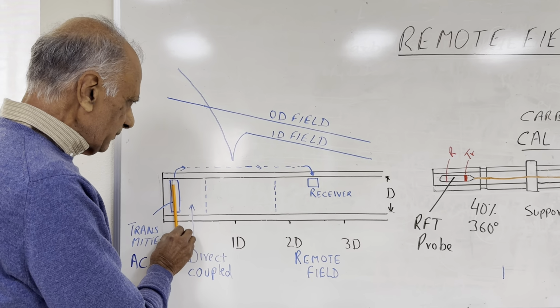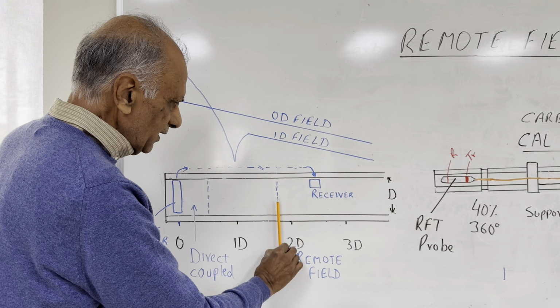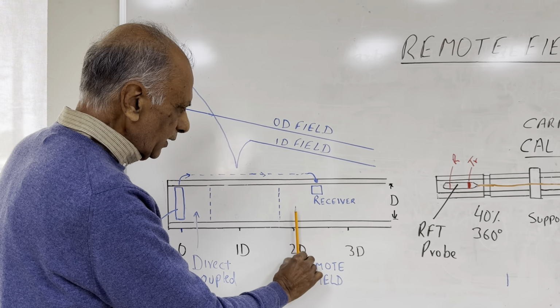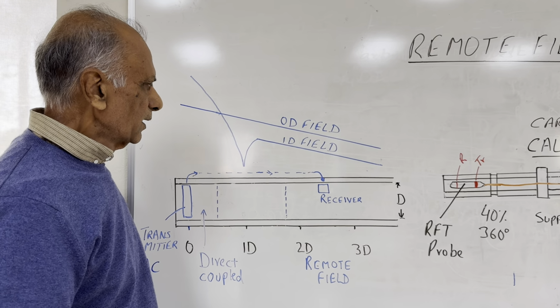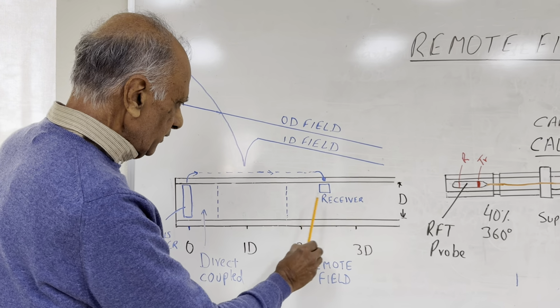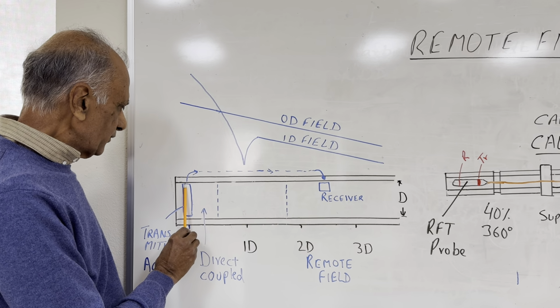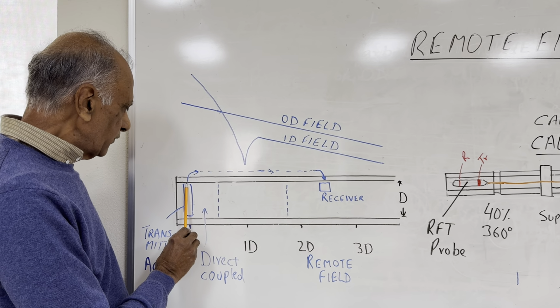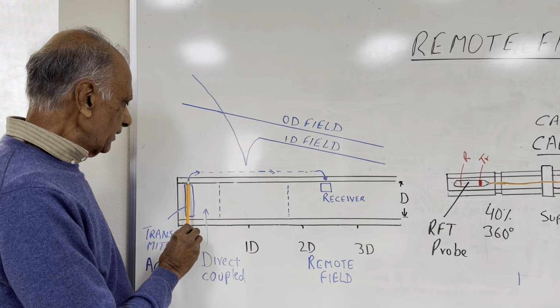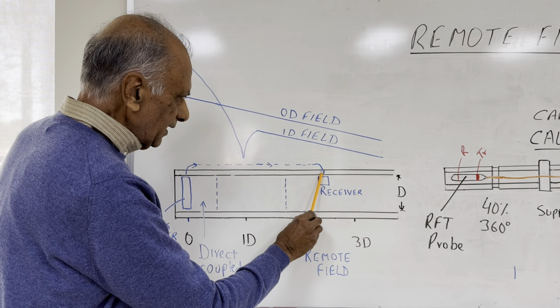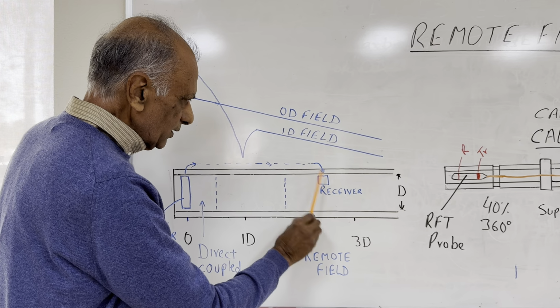So we have the transmitter, receiver, and the receiver is placed beyond this point, so after about 2 times the ID of the tube. The way it works is the electromagnetic field is here, it diffuses from the ID to the OD, then it transmits on the surface right here, and then it back diffuses from the OD to the ID.